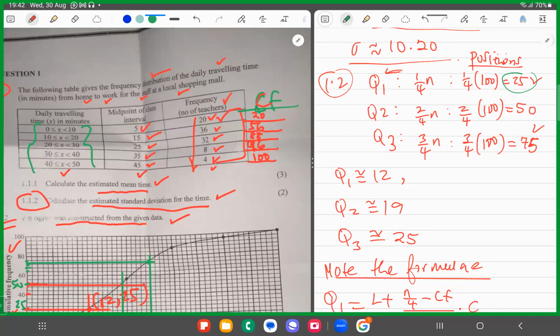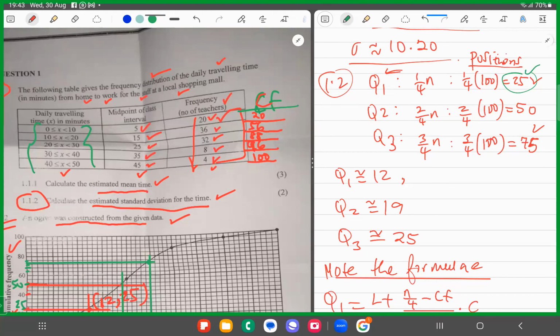With that being said, we're able to continue and say Q1 is at position 25. The value of the 25th observation in the cumulative frequency column lies in what?